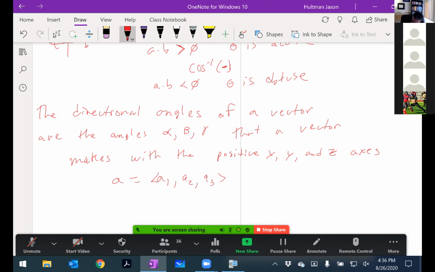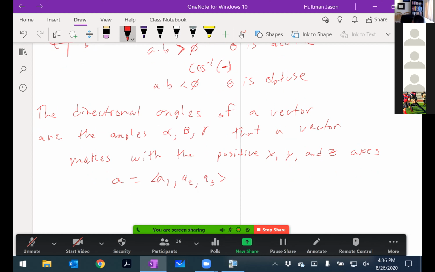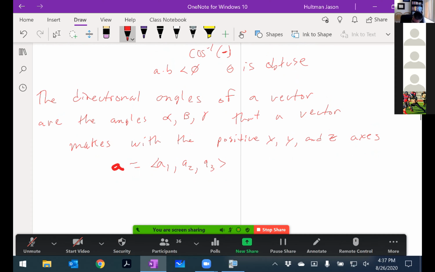Again, I'm not going to do this every time because it's going to be a pain, but if Hong really wants it, just go ahead and put that as a bold A. If you need that for your own sanity, you're good. But vector A has these components, right? And alpha, beta, gamma are the angles in 3-dimensional space.